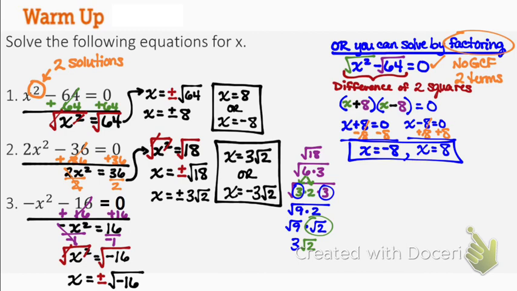When we have a negative under the square root, what does that mean? It's imaginary, so I know I'm going to have an i come out of this. x is equal to plus or minus i square root of 16, because remember, the square root of -1 is equal to i.